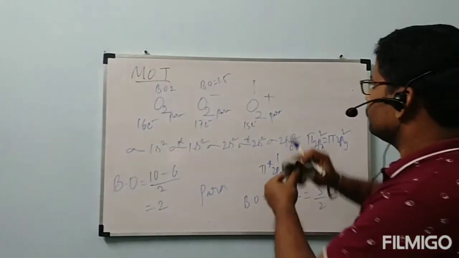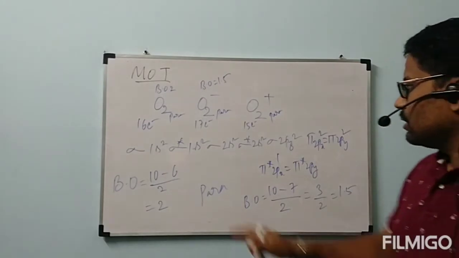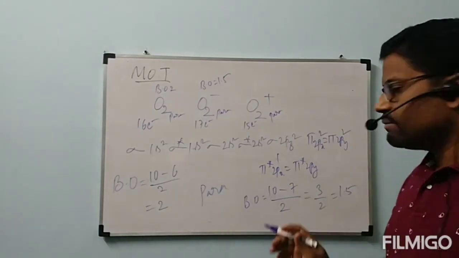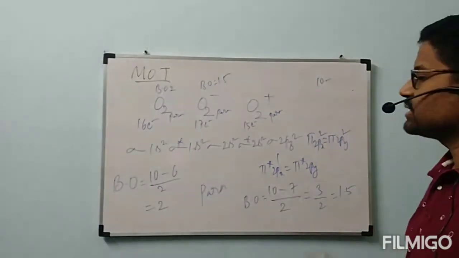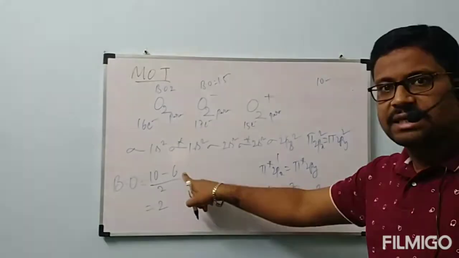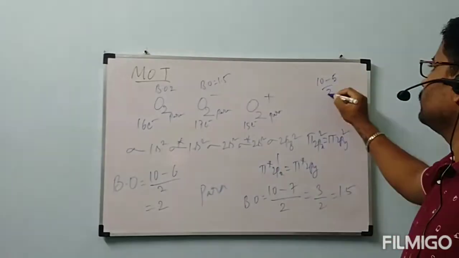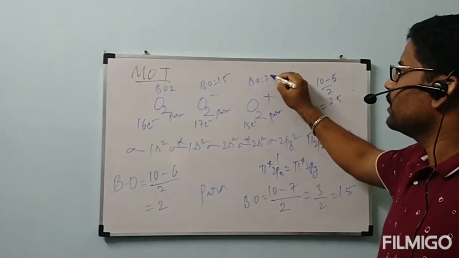Now what about the bond order? Bonding molecular orbital electrons 10 minus anti-bonding 1, that is 9, by 2, that is 4.5? Here the anti-bonding electrons are decreased, so 10 minus 5 by 2, giving 2.5. So bond order is equal to 2.5.